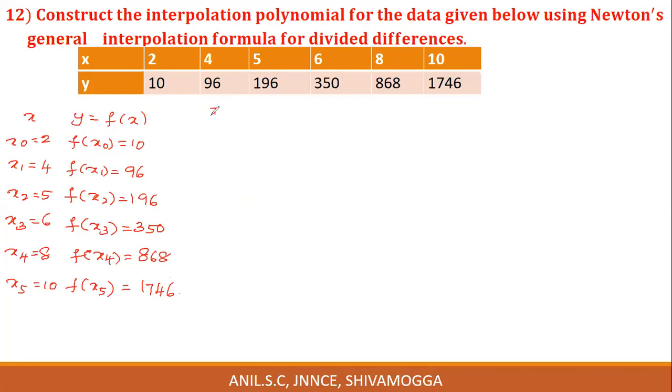Now first order divided differences: f of x0, x1; f of x1, x2; f of x2, x3; f of x3, x4; f of x4, x5.